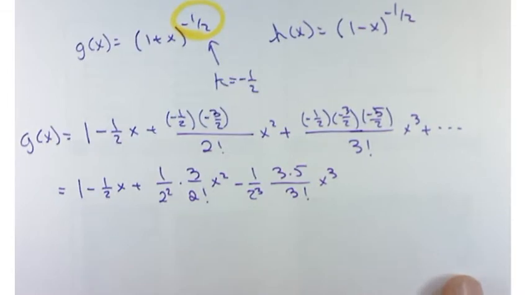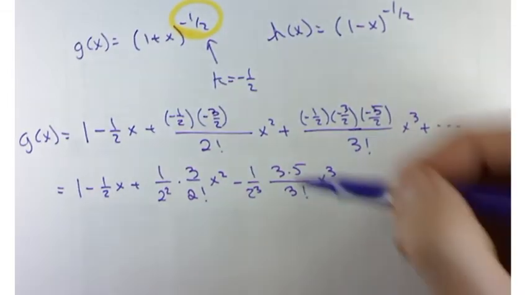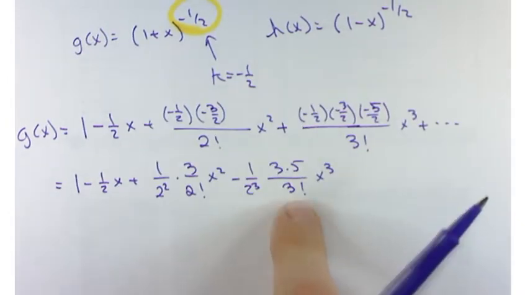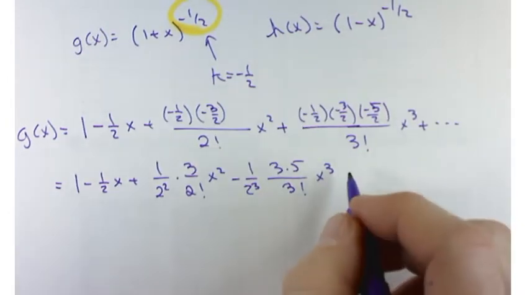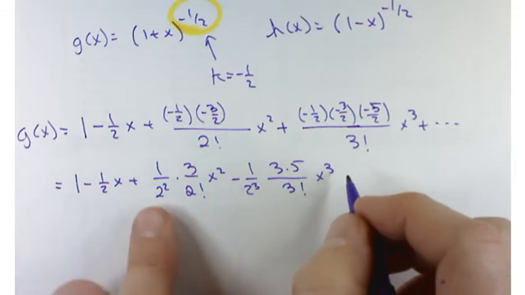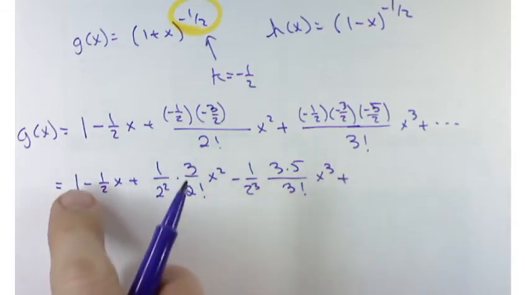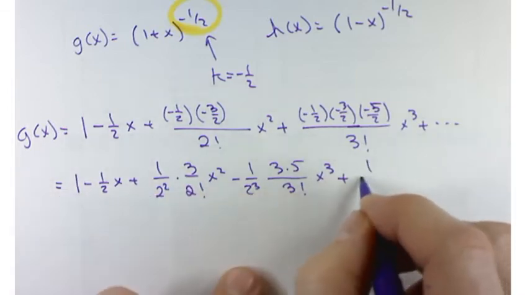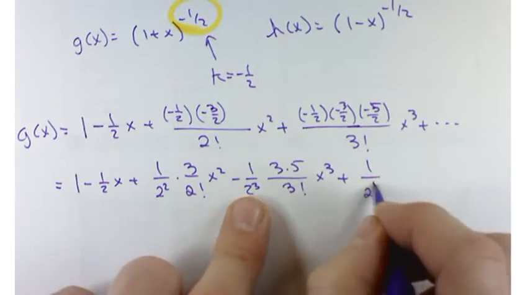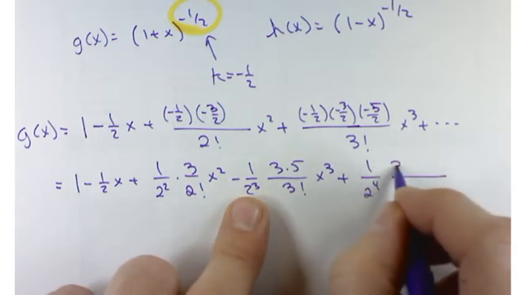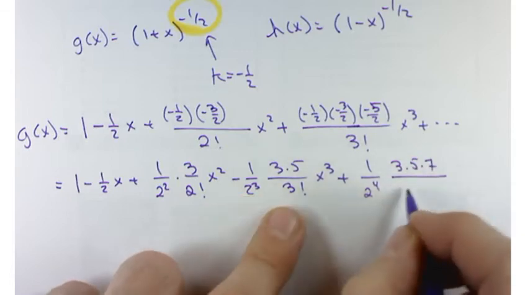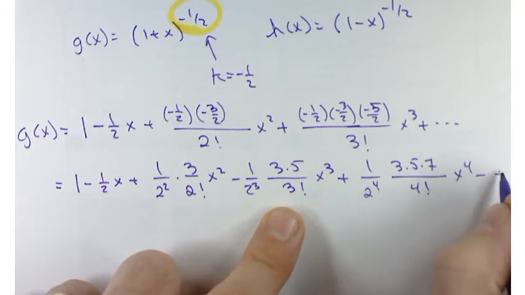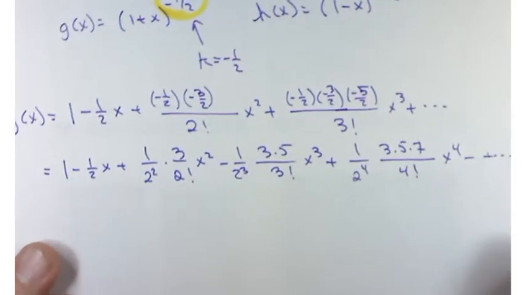And I'm not trying to clean it up too much because there certainly is some cancellation I can get here, but I'm trying to write it in a way that I can see the pattern and write the next terms down if I need to. It's going from plus to minus to plus to minus, etc. So the next term is plus. It'd be 1 over 2 to the 4th power, 3 times 5 times 7 over 4 factorial times x to the 4th. And so on from there.